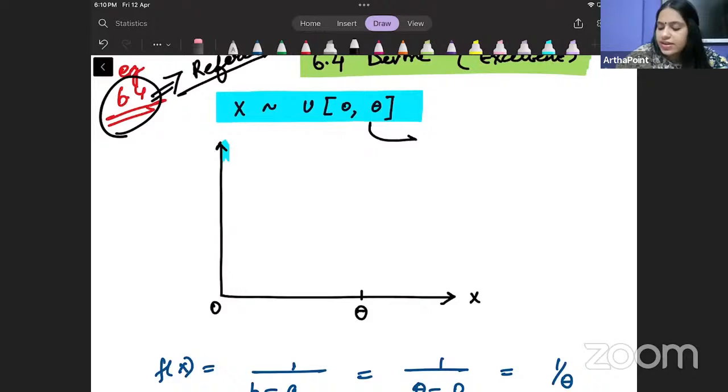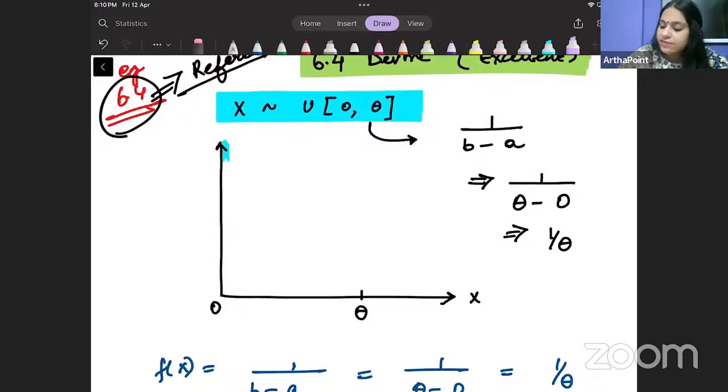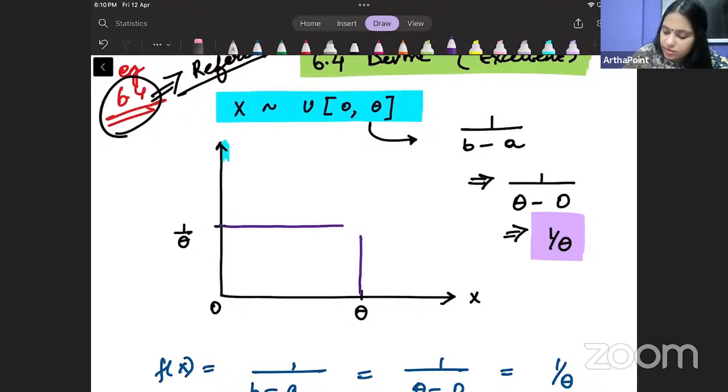We know that anything which is uniformly distributed, its PDF can be given by 1 upon B minus A. B is the upper value, theta, and A is 0. So this is going to be 1 by theta. So I get that its PDF will be 1 by theta, and I can create something like this.